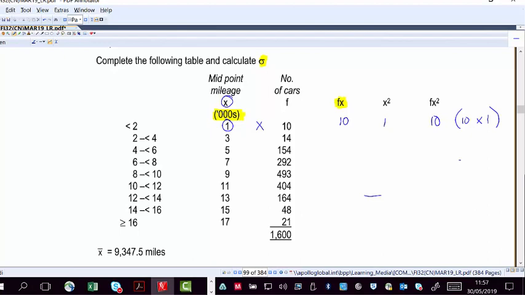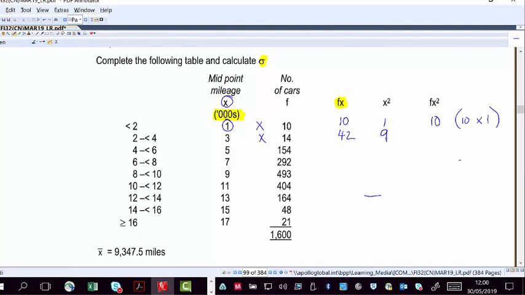Let's do it for the second line just so that we fully understand what we're doing. Okay, so fx is f times x, so that would be our 3 times our 14, which would give us 42. X squared would be our 3 squared, so 3 times 3 would give us 9.